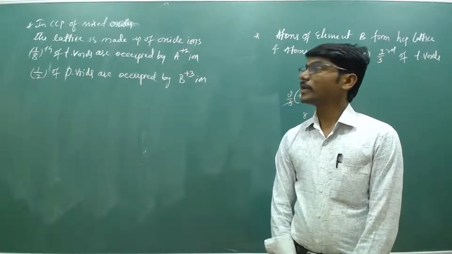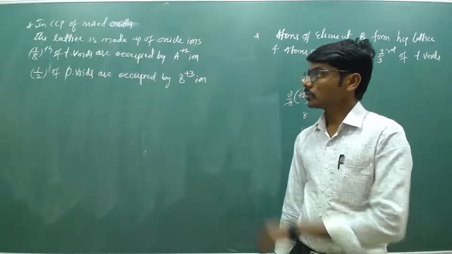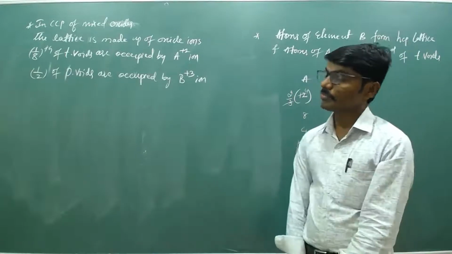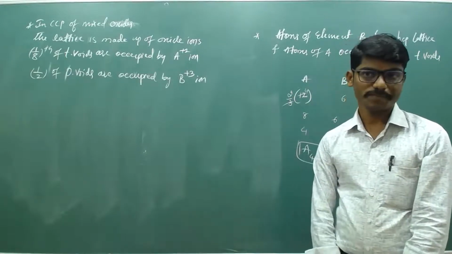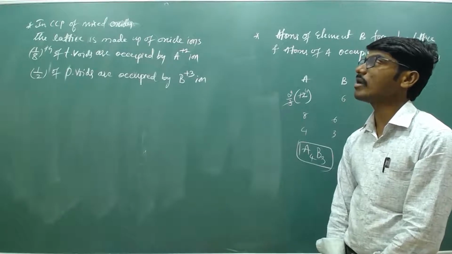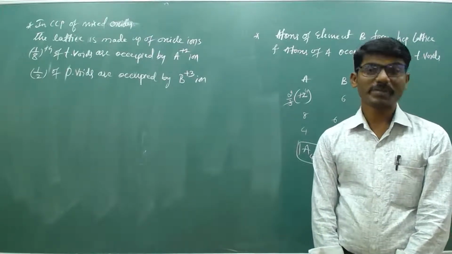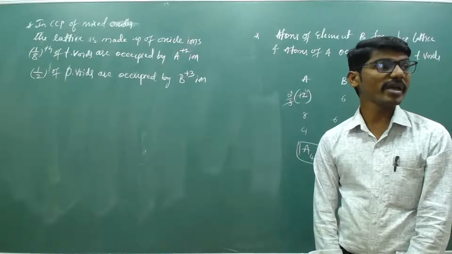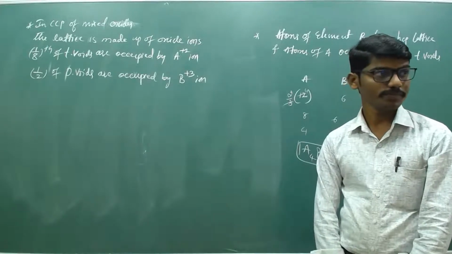In a CCP, cubic close pack structure of mixed oxides, what have they given? The lattice is made of oxide ions. That means oxygen ions make a CCP arrangement.